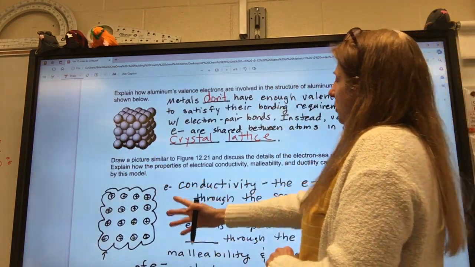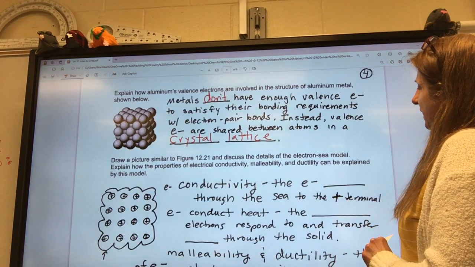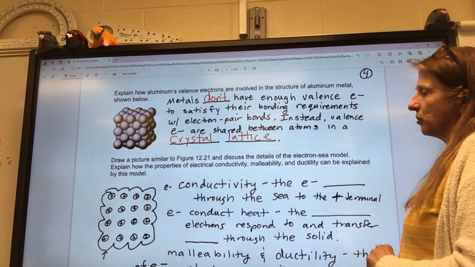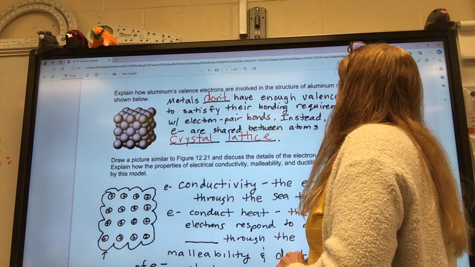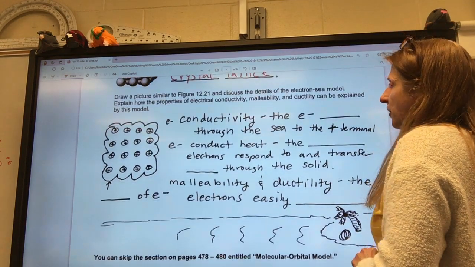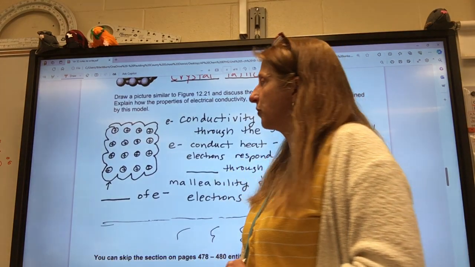So draw a picture similar to figure 12.21 and discuss the details of the electron sea model. Explain how the properties of electrical conductivity, malleability, and ductility can be explained by this model. Okay, so this is what it could look like if you could get into an even smaller microscope.